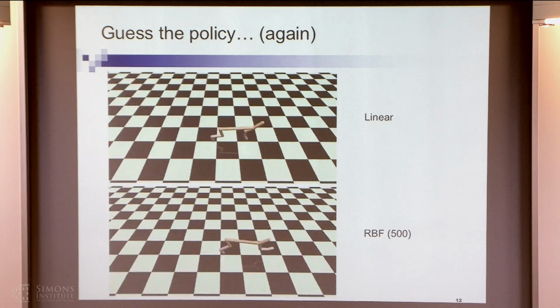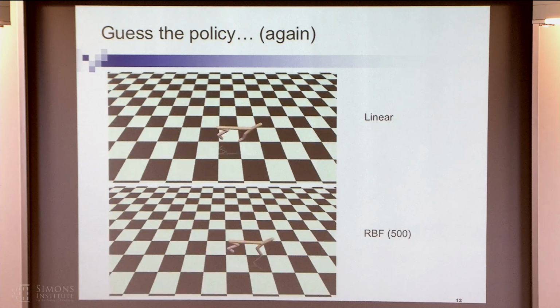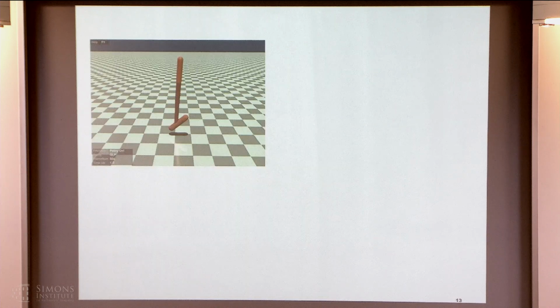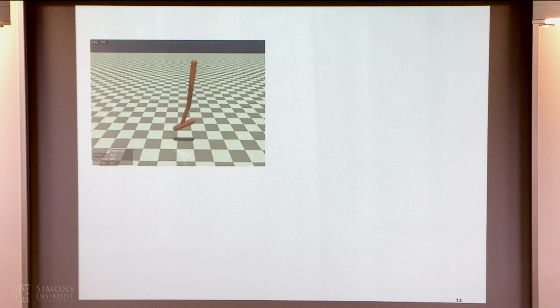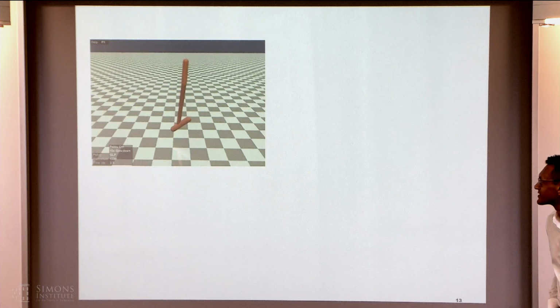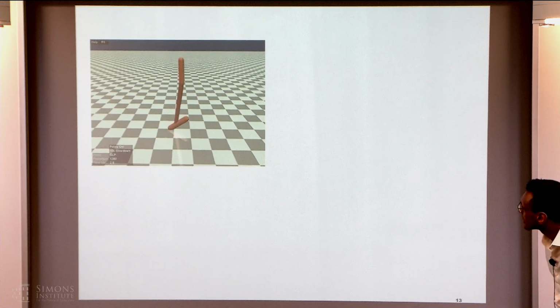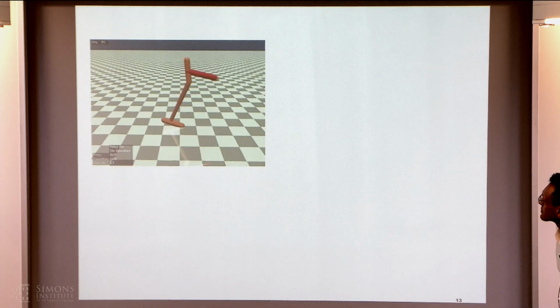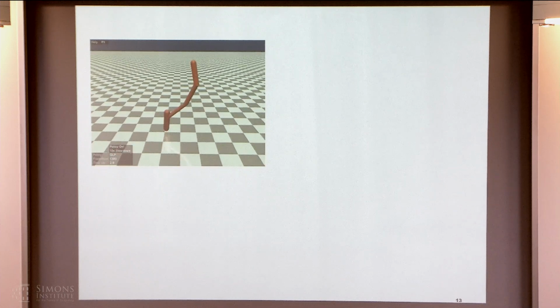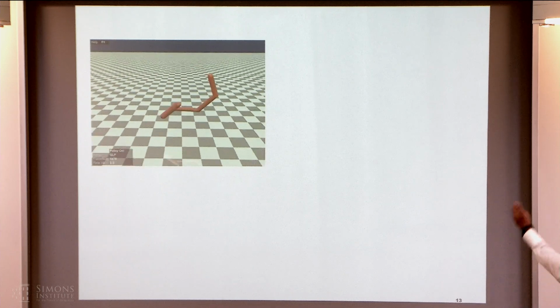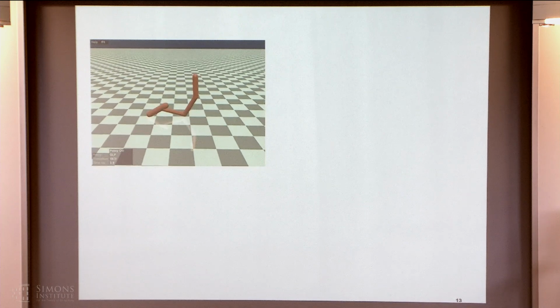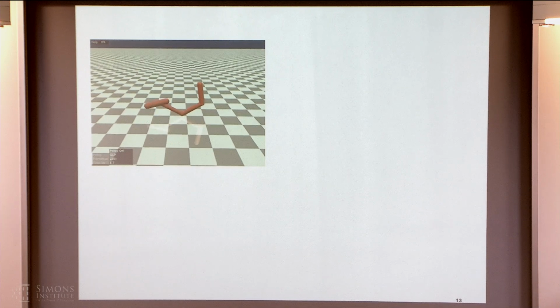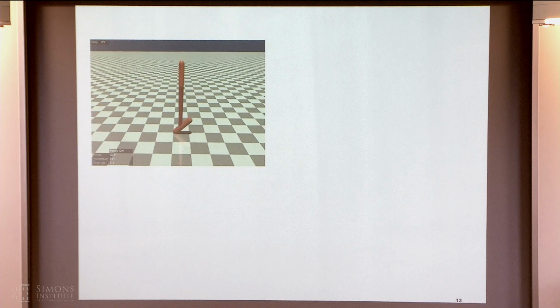So the first thing we tried is let's just give these robots a big thwack because we've got a simulator. So wouldn't it be fun to just smack it and see what happens? So I think this is a linear policy. The red arrow is we give it a big kick, and then whoa, knock it over, it tries to get up, it fails.